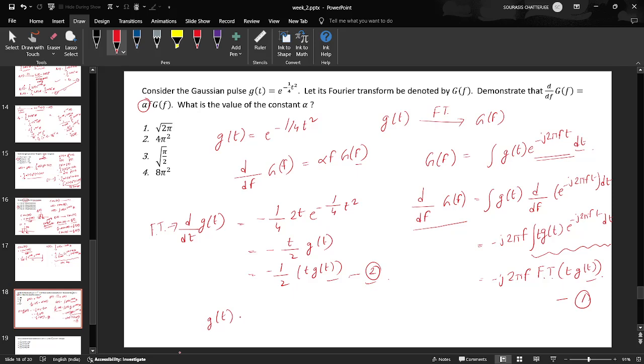We have g(t), which is given as the inverse Fourier transform. Let's think about d/dt of g(t). g(t) can be written as the integral from minus infinity to infinity of G(f) e to the power j 2 pi f t df.